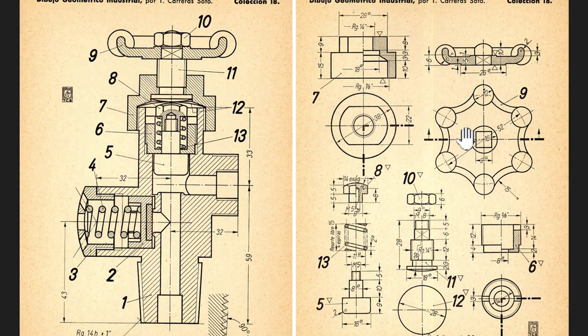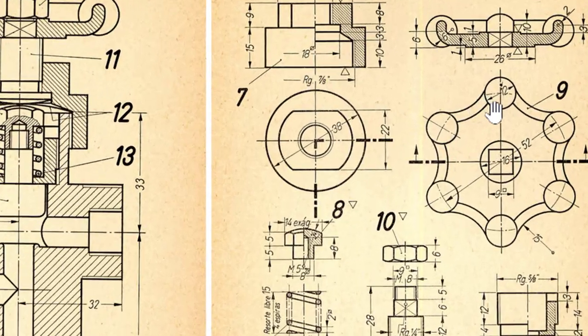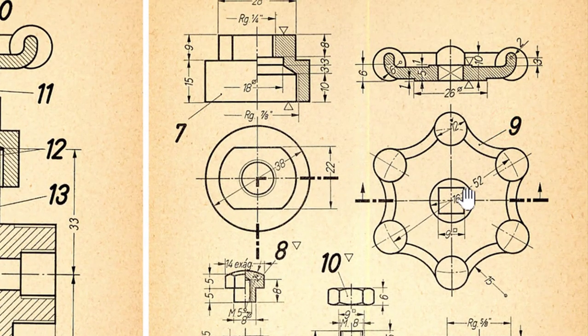This is the assembly and this is our problem. As you can see, here seems to be tangent this arc with the spheres. Well, in order to respect all these dimensions, we'll see that we cannot apply tangency here.